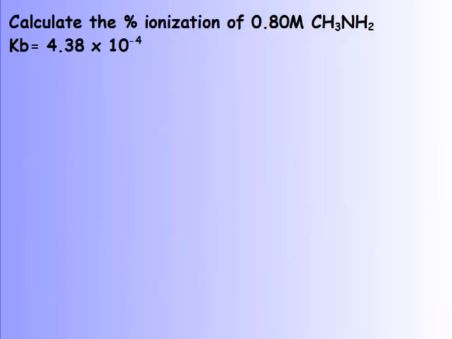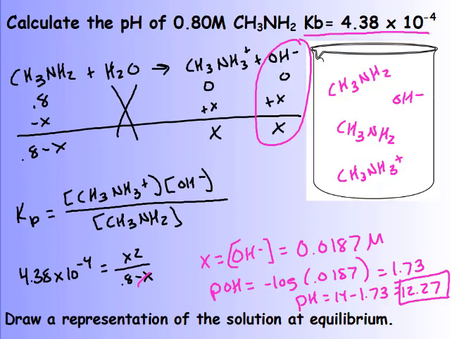We can also calculate the percent ionization for that last problem. Remember, percent ionization was our X value, aka how much of it broke apart, over the initial concentration, times 100. Well, our X we solved for on the previous problem. It was our concentration of OH.